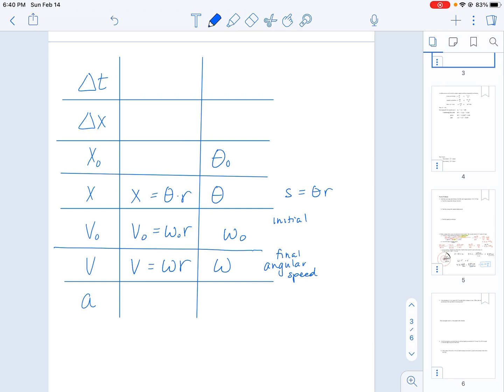In physics, I'm going to write x because we use x to show distance. We could do this for an initial value as well. And actually, the one we're really going to use is this displacement one, the change. So this is angular displacement.